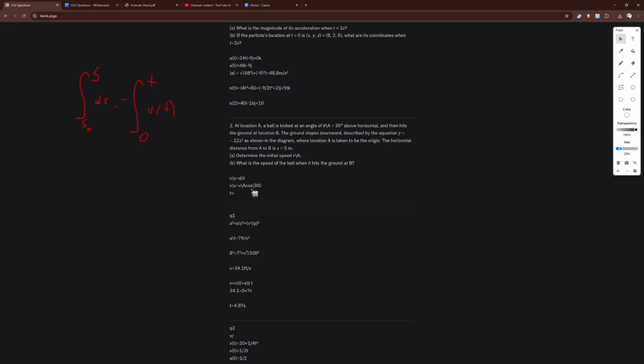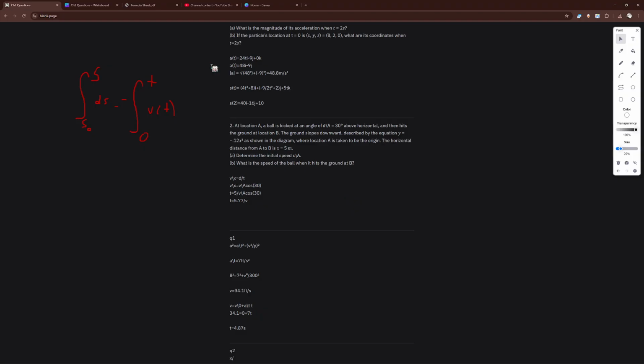Rearranging for t is equal to d of 5 over VA cosine 30, right? And then calculating this, 5 over cosine of 30, we get 5.77 over VA. And I'm just going to call it V for simplicity's sake. Right? That's our time.